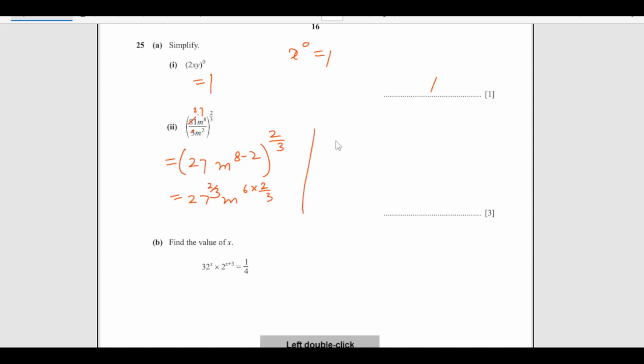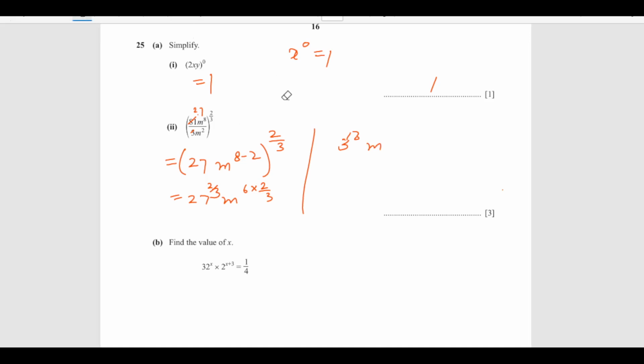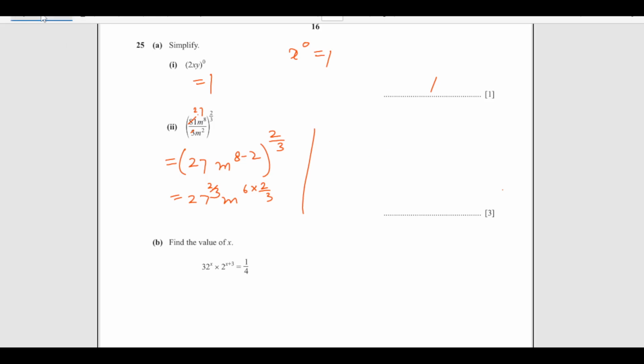So this 27 can be written as 3 power 3, then m power 6.